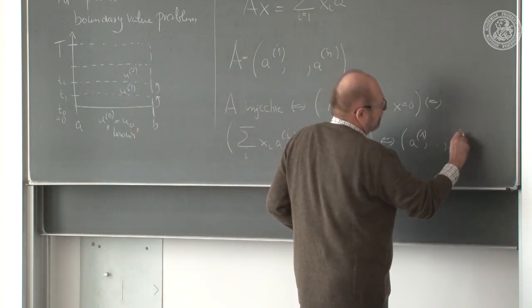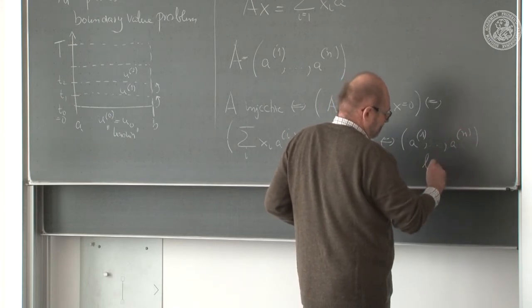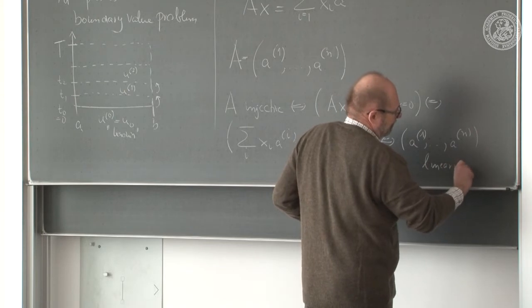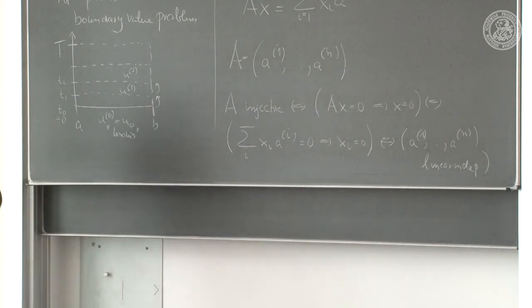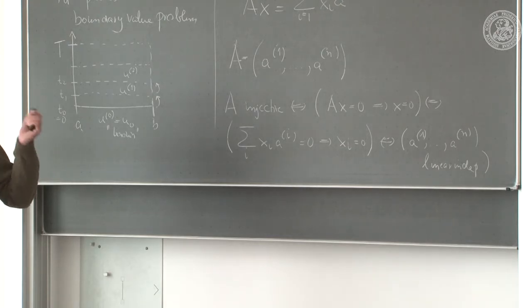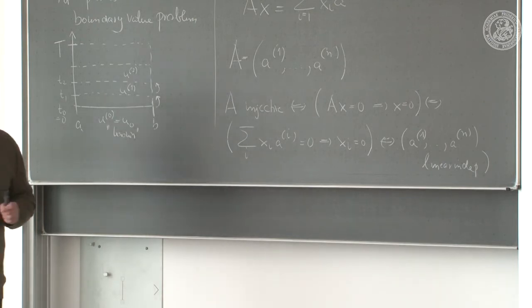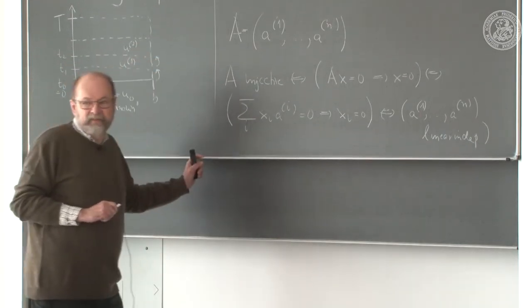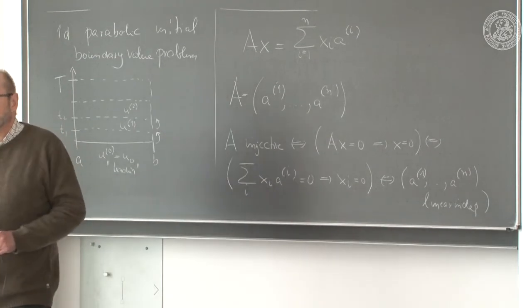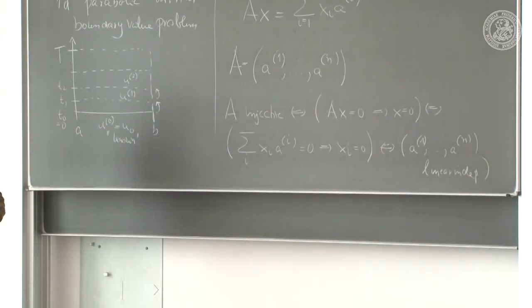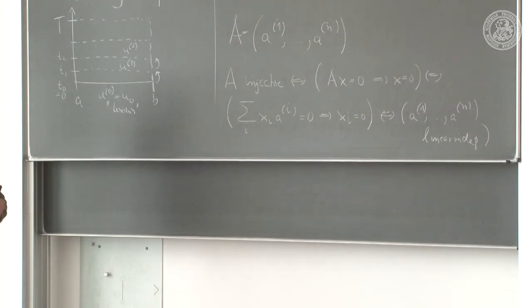The columns have to be linearly independent, or said differently, the column rank has to be maximal. For a square matrix, it doesn't make sense to say the rank is maximal. What does maximal mean? It can either be n or m. In the rectangular situation, you have to specify the column rank. So injectivity is maximal column rank, and surjectivity is maximal row rank. But in the square situation, this all comes together.